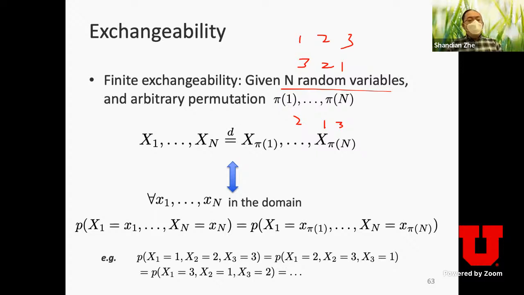We say these n random variables are exchangeable in distribution if the probability or probability density that those n random variables take the values of any permutation of the sequence x1 to xn is the same.